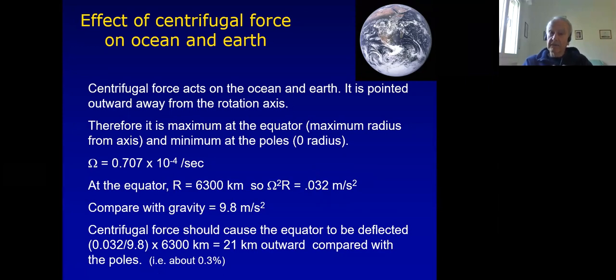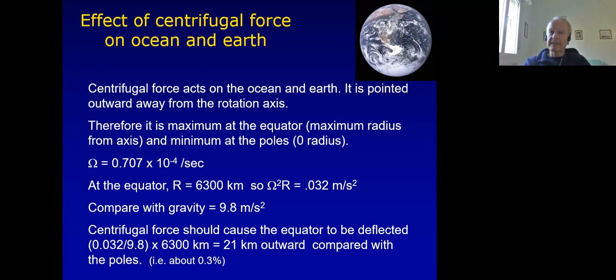Anyhow, the centrifugal force should cause the equator to bulge by about 21 kilometers compared with the poles, about 0.3%. So the Earth is not really a ball, but an ellipsoid.